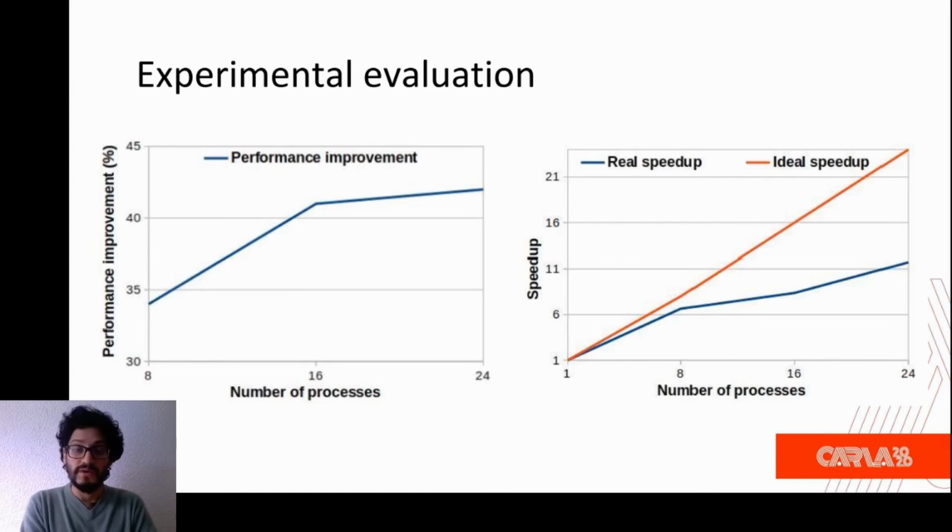So gains are lower when increasing the number of processes. This is a usual behavior in many algorithms using distributed environments, so it's not surprising.